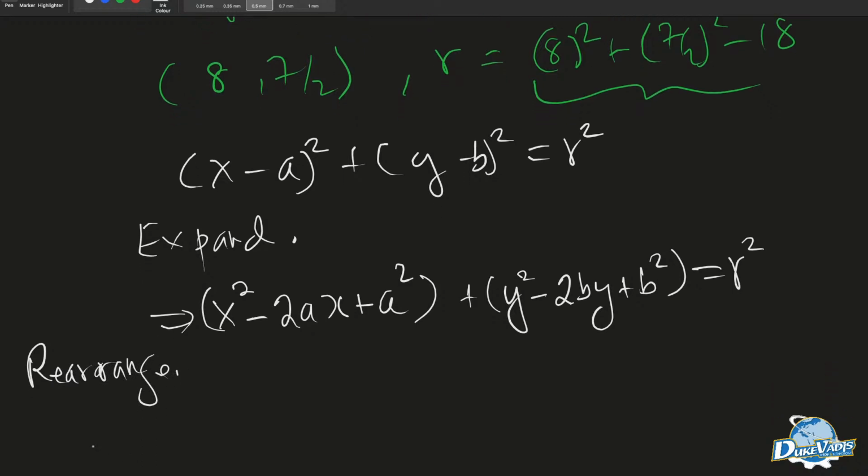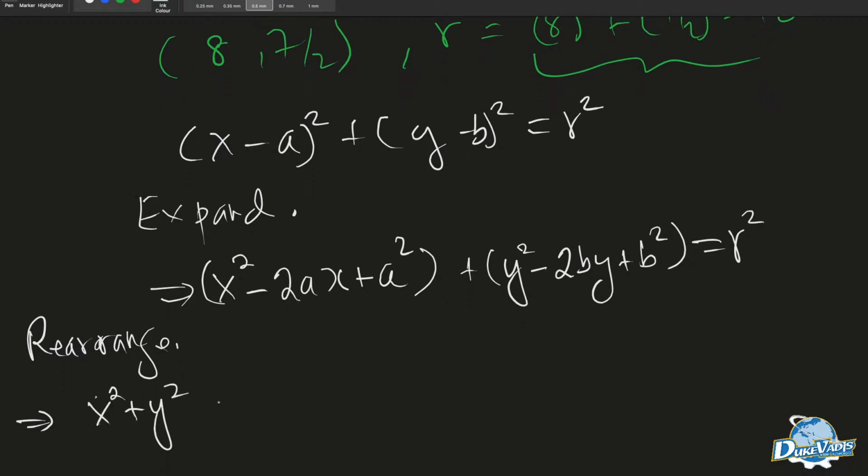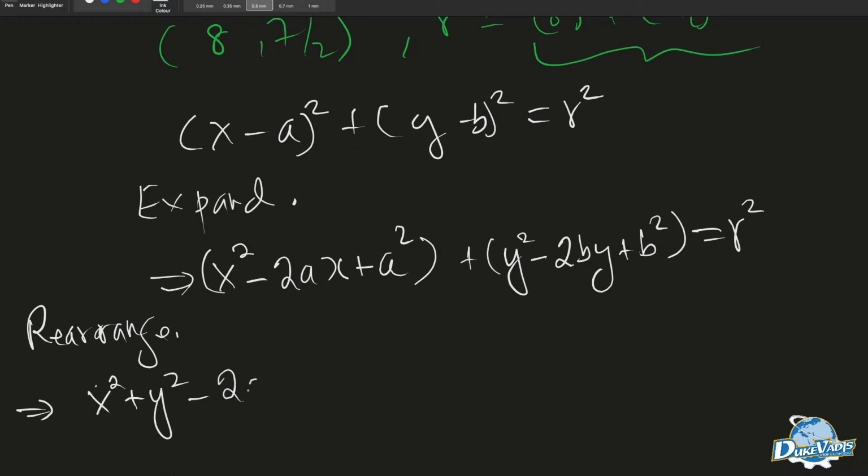When we rearrange, this equation is going to look this way: x squared plus y squared minus 2ax minus 2by, and let's arrange the constants: a squared plus b squared.